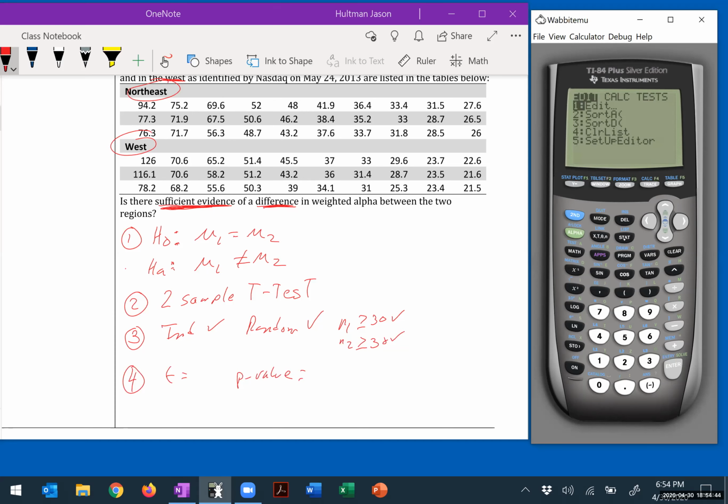We go to stat and we edit our lists. I'm going to arrow up and hit clear. And then I'm going to let L1 be the Northeast data. So I have to enter this data. Feel free to enter it right along with me in your calculator.